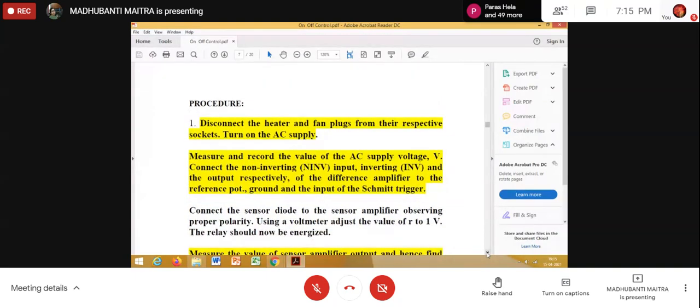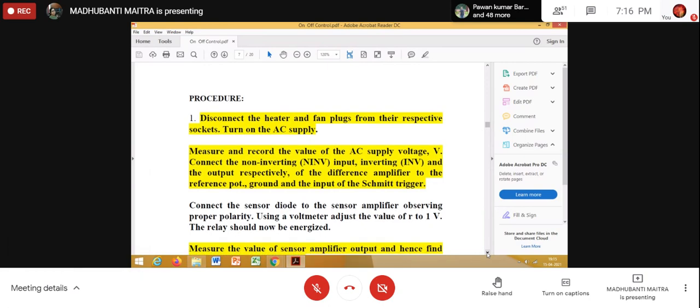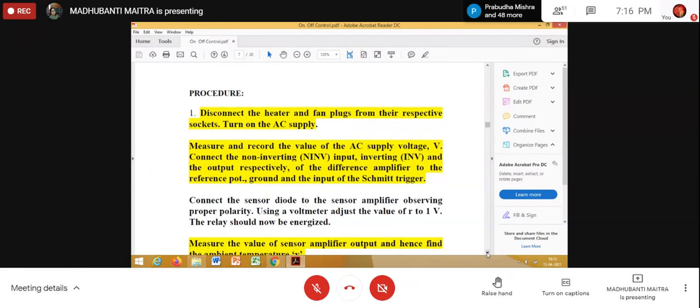So, the procedure. First of all, we'll have to disconnect the heater and fan plugs from their respective sockets. Turn on the AC supply. Measure and record the value of the AC supply. Because of the regulation, instead of 230 it could be 232 or 228, so we'll measure the AC supply voltage with a multimeter.